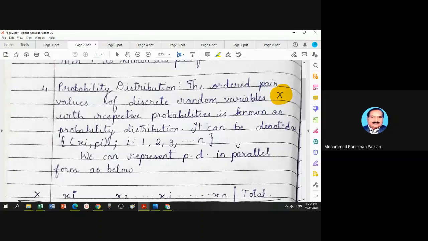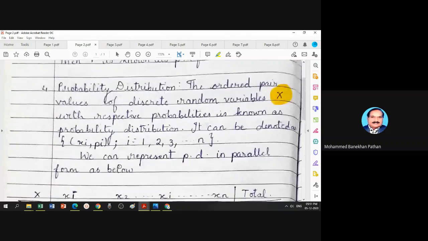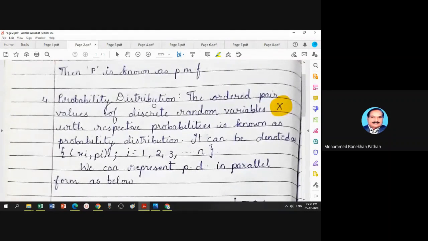In frequency distribution, how do you write a table? xi with repetition fi, x2 with repetition f2. So the same concept of frequency distribution is written in terms of probability distribution.